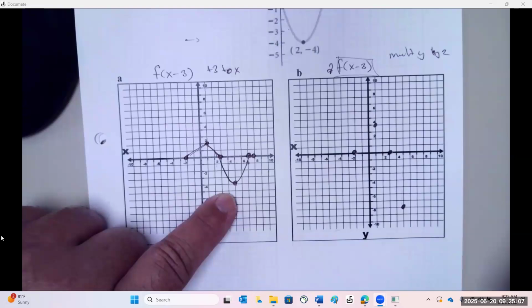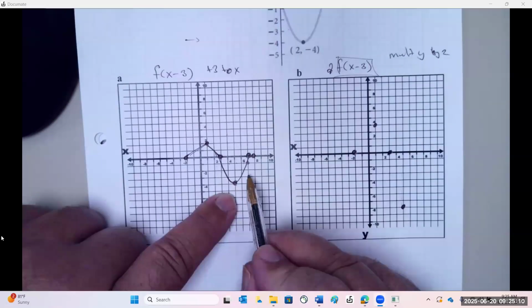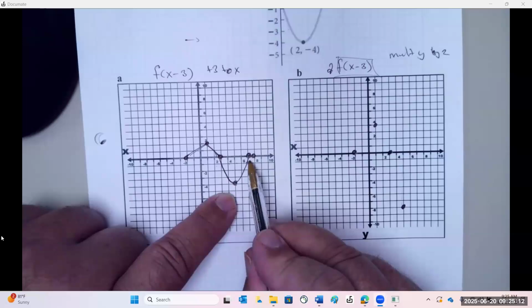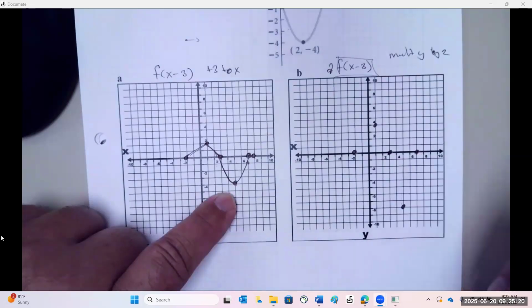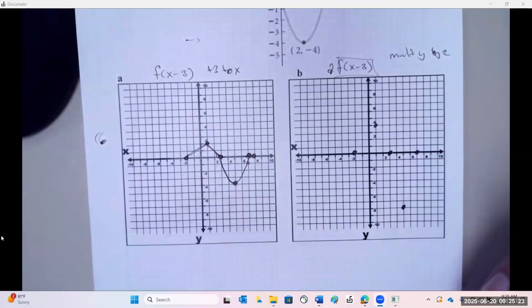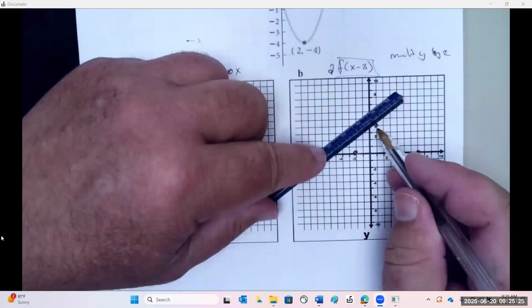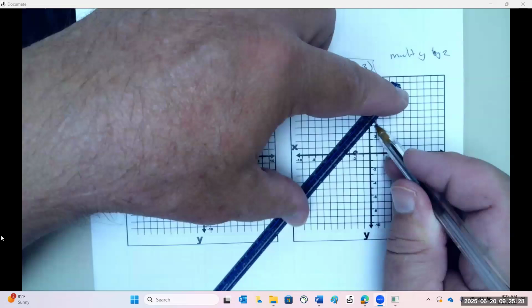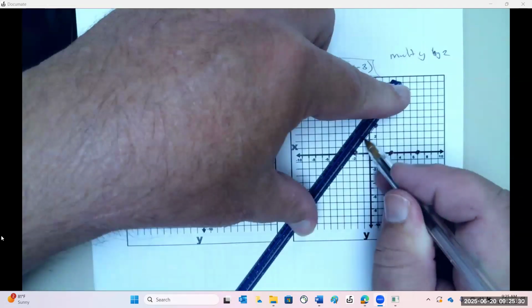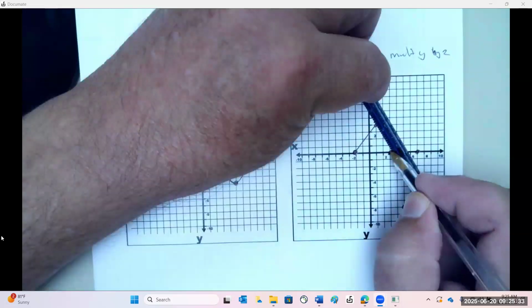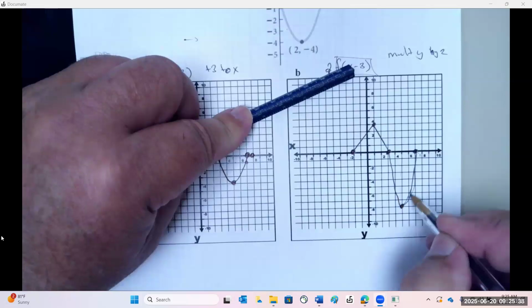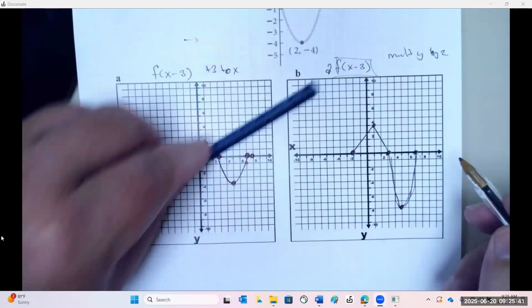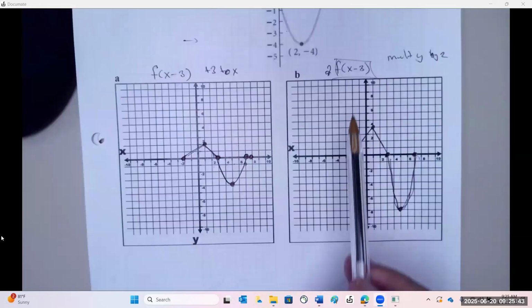And the last one becomes what? It's at 7, 0. It stays at 7, 0 because there's no change with the y-axis. So all we did there was stretch it vertically. Because we had a 2 out in front, we stretched it vertically.